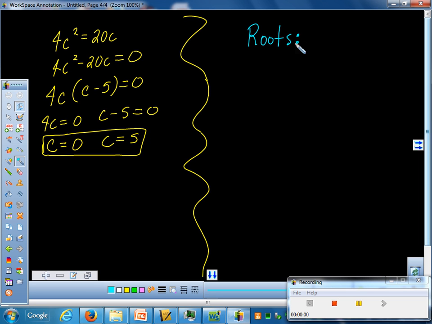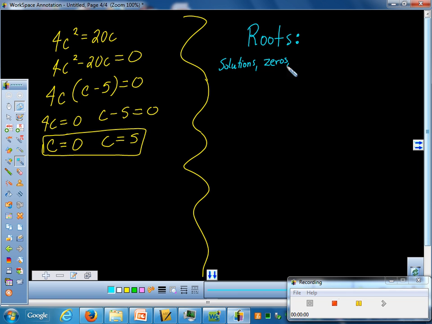If you're talking about where it equals 0, they're called the roots. They can be called the solutions. Sometimes they're called the zeros or the real zeros because they're what make it equal 0. It's all the same thing. It means solve the equation. The roots, zeros, solutions, it's all the same thing.